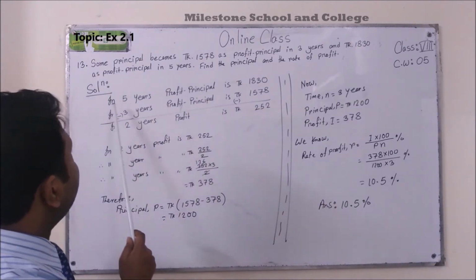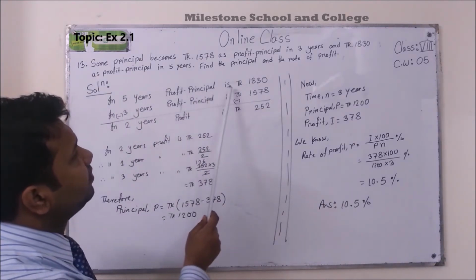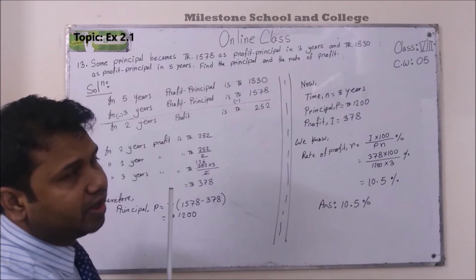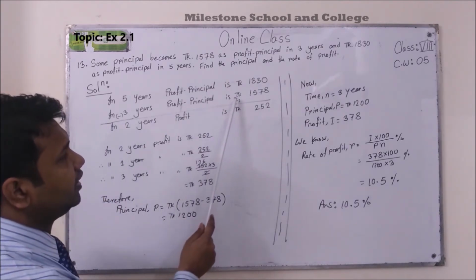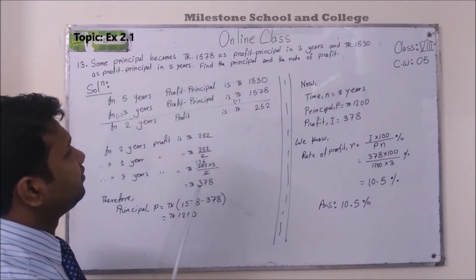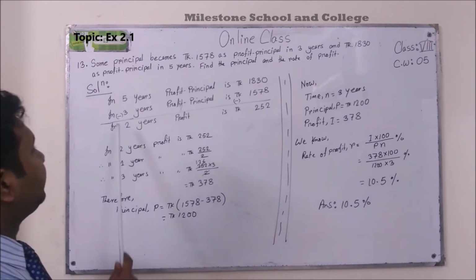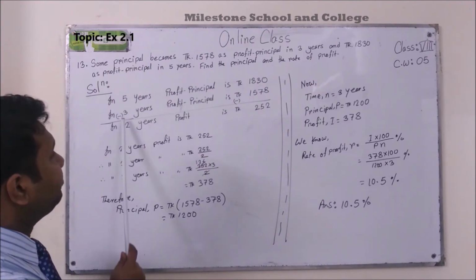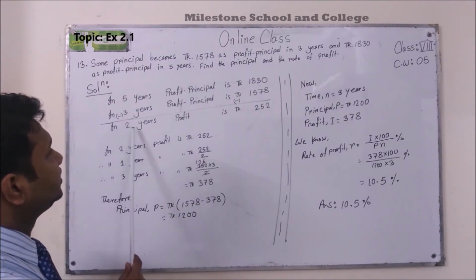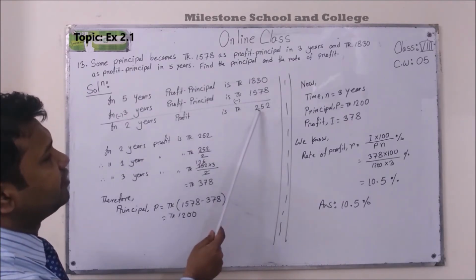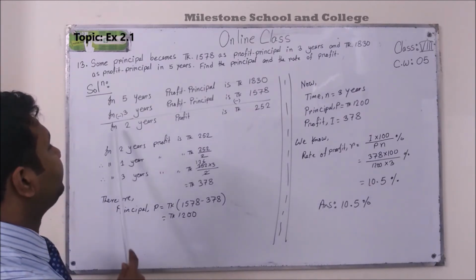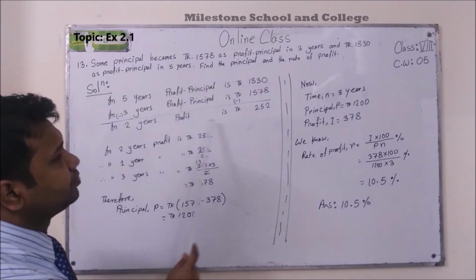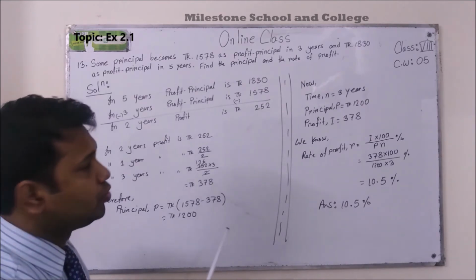So look at them. I just write the 5 years profit plus principal is taka 1830 and the 3 years profit plus principal is taka 1578. If you subtract, the difference of 2 years, just only the profit has changed because the principal is not going to change. So if you subtract, you will get the 2 years profit, that is 252.